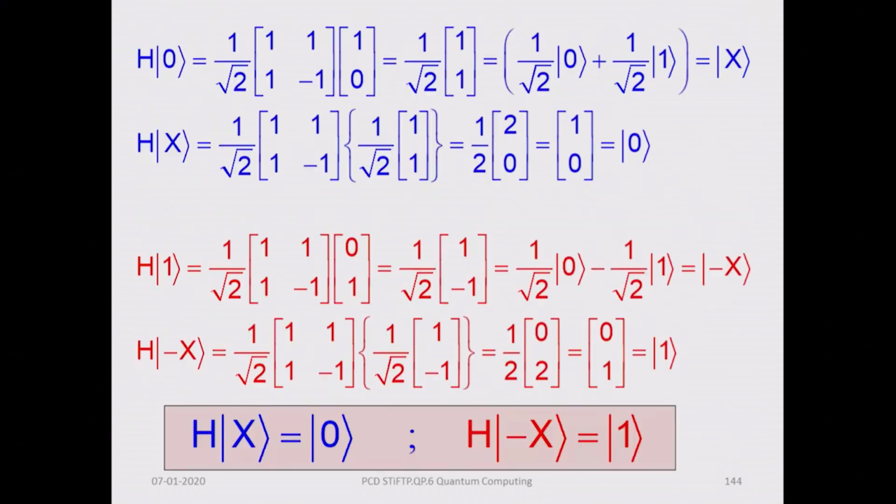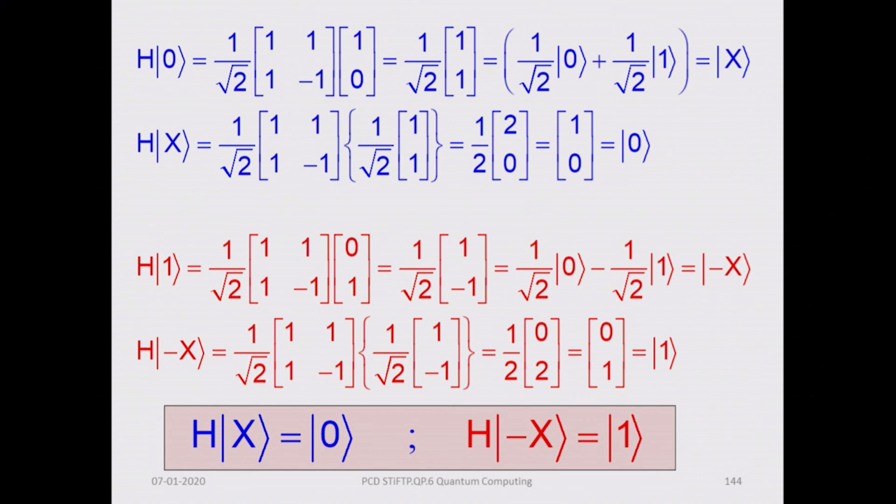Because the Hadamard is a great gate which begins with a pure state 0 and gives you a superposition which is x, and it starts with the pure state 1 and gives you its antipode, right. And on the contrary, if you carry this out one more time, it will recover the previous states.